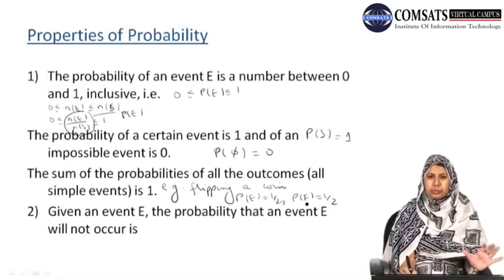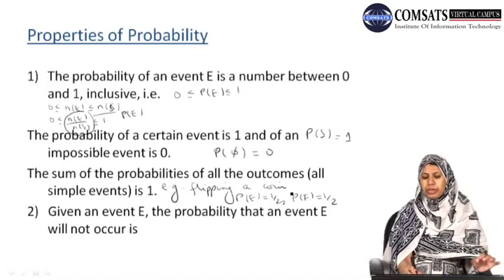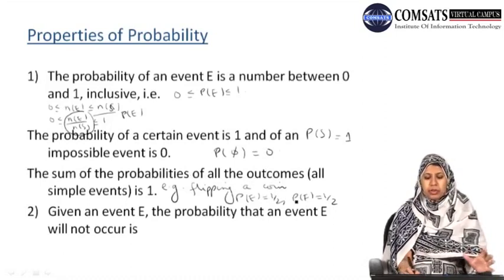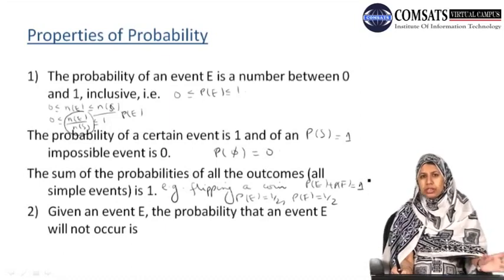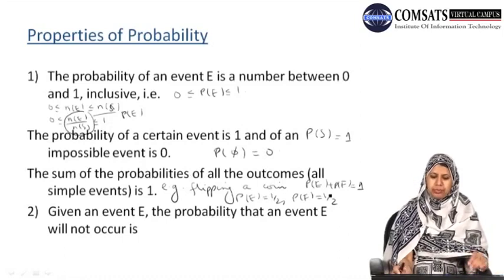These are the possible events which can be obtained from this sample space. Summing all these probabilities, we obtain the answer 1. That is, the sum of the probabilities of all the events is always equal to 1.